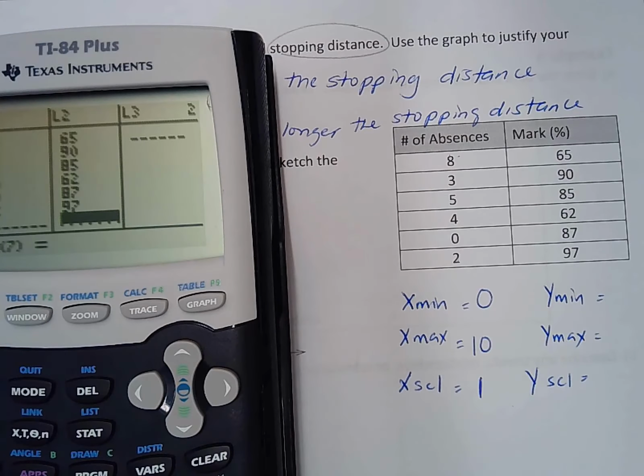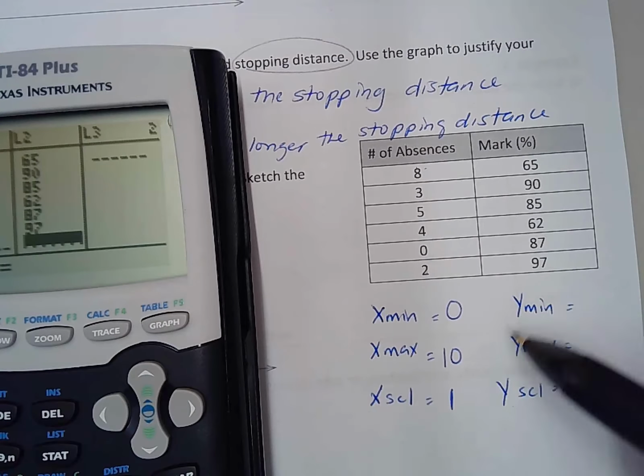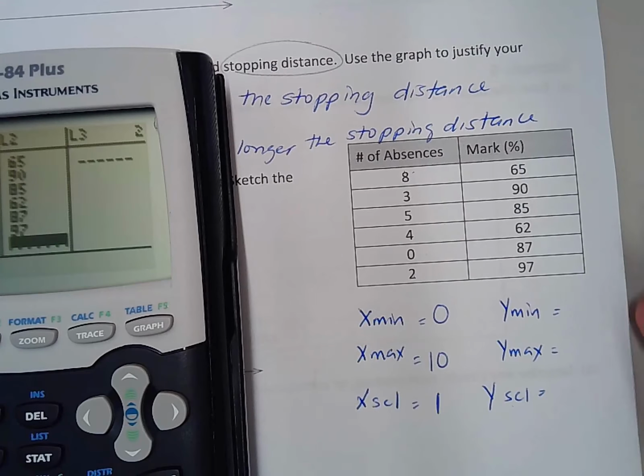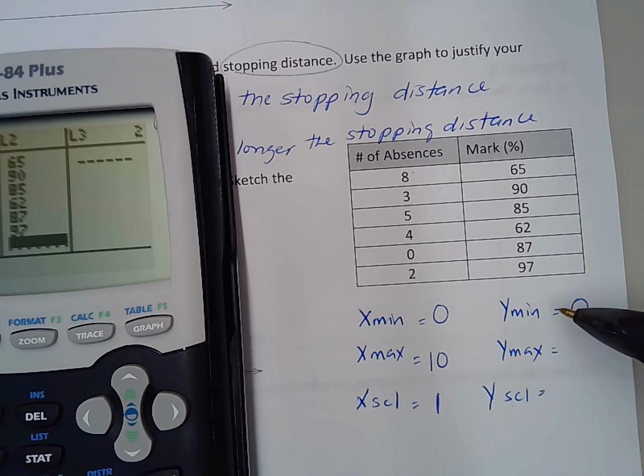Now, what about the Y minimum? 65. We could put a 0 if we want. If we want to see the whole quadrant 1, we can put Y minimum is 0. What about the Y max? 100.